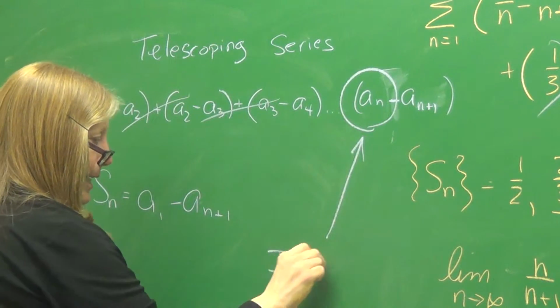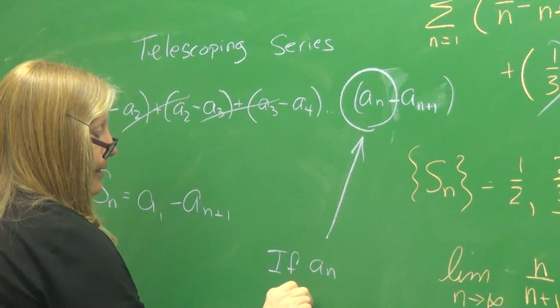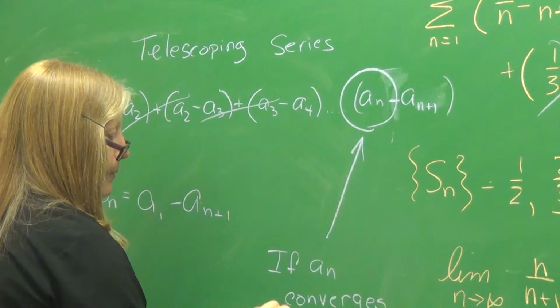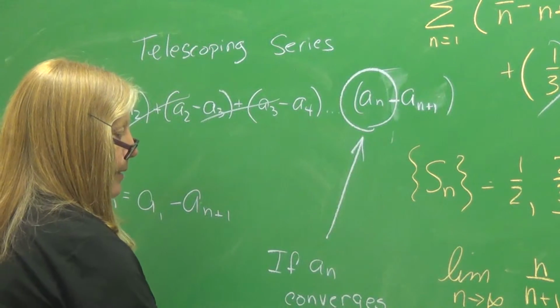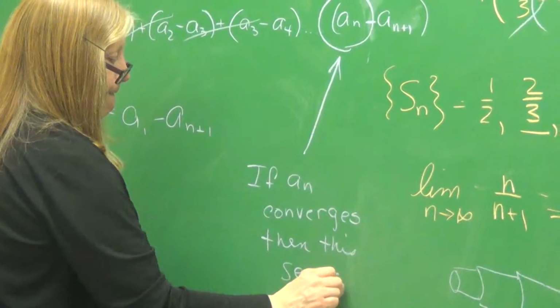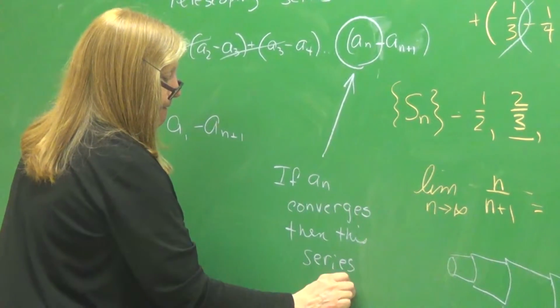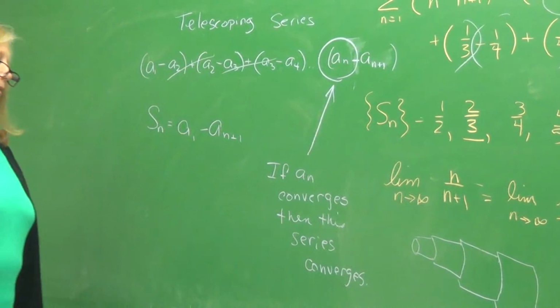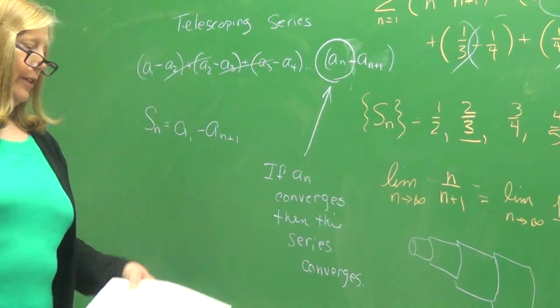If a sub n converges, then so does the whole series. So if a sub n converges, then the series converges.